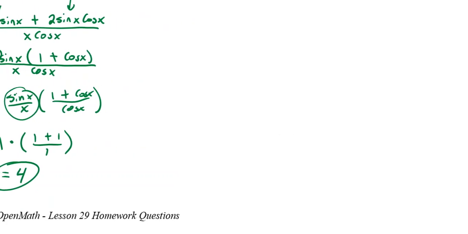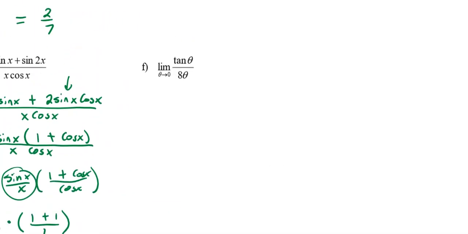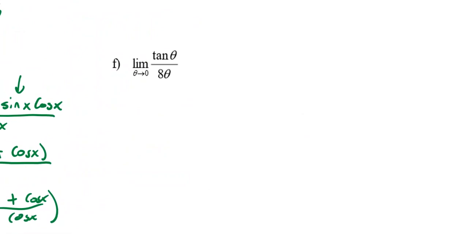Okay, last one. So now we've got a tan theta involved. Well, we can really split that up. Let's write this as the limit as theta approaches 0 of sine theta over, and I'm going to leave the 8 theta down here, but then there's also a cos theta down there now as well, because tan is sine theta over cos theta.